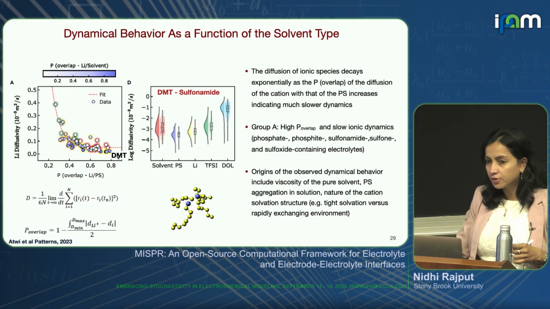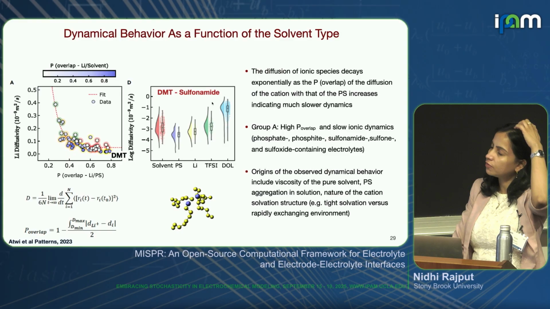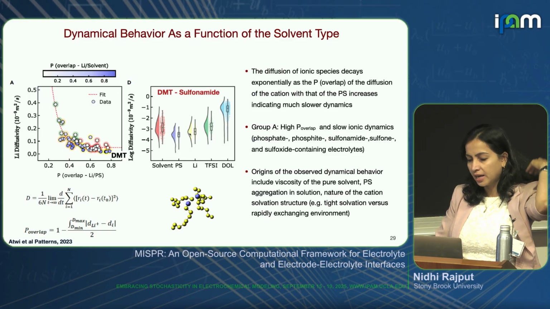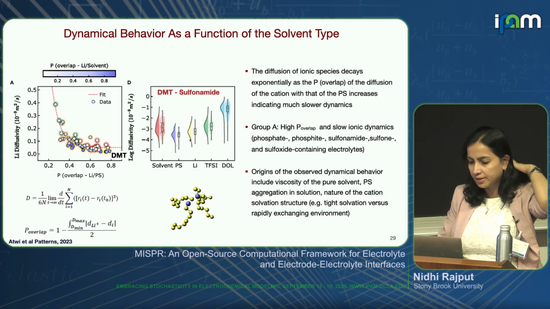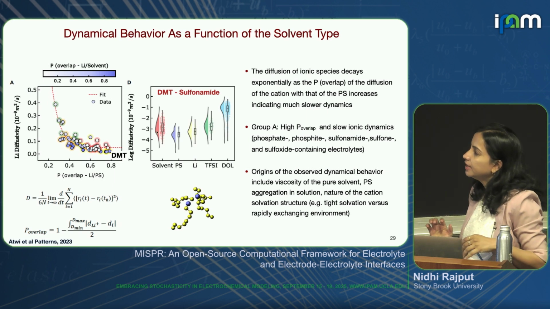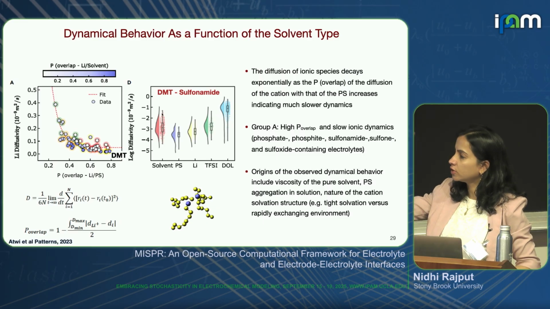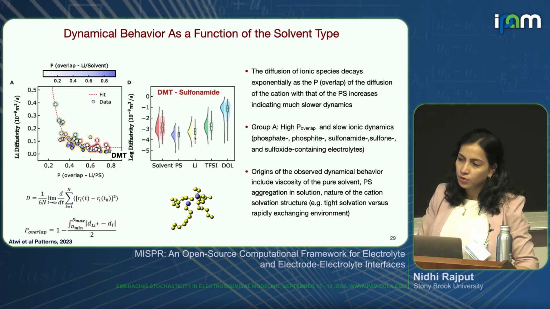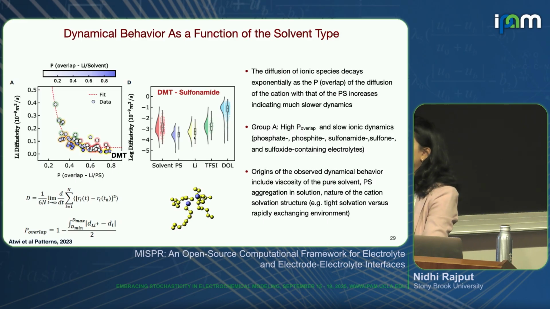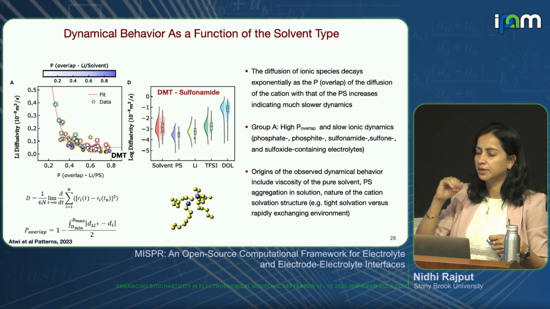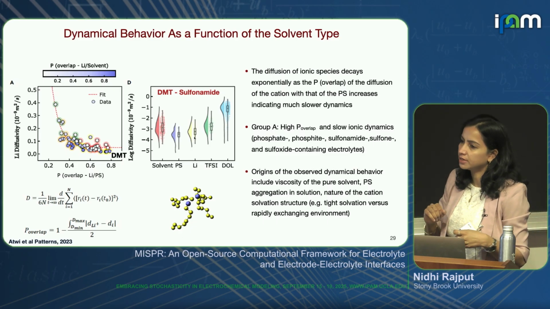If we zoom into one of the solvents, TMT, which is a sulfonamide solvent, we can see that there is a significant overlap in the diffusivity of lithium, polysulfide, and solvent. Because of the high viscosity of the solvent, which is one of the key metrics, that overall results in a collective diffusion of these clusters in the solution and increases the viscosity of this electrolyte solution.